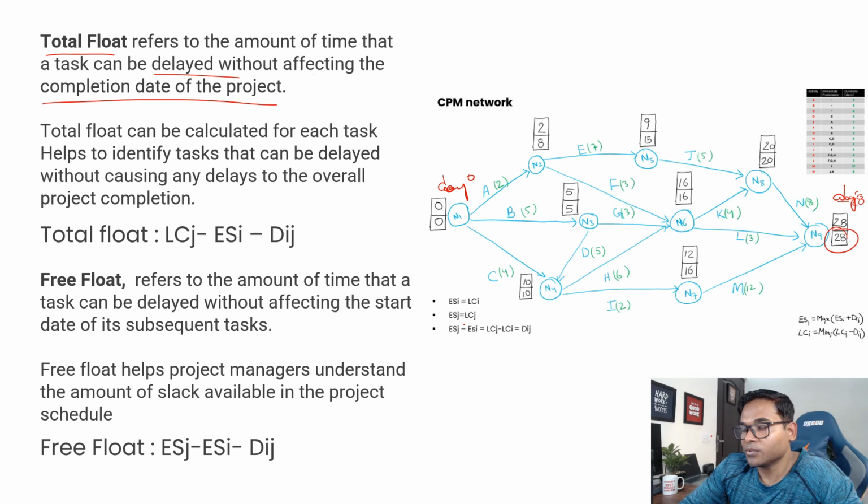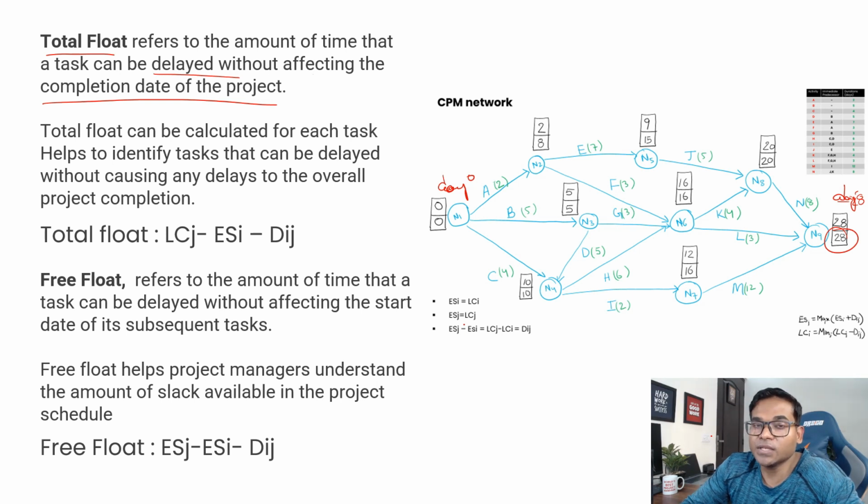Now what happens when a project starts is that between the start and the end of the project, a lot of changes may occur. Suppose you decide to delay some activity, some resource is not available, or the person who is supposed to work on some activity is not available, so you need to delay. If you delay this activity, definitely that's going to impact your project.